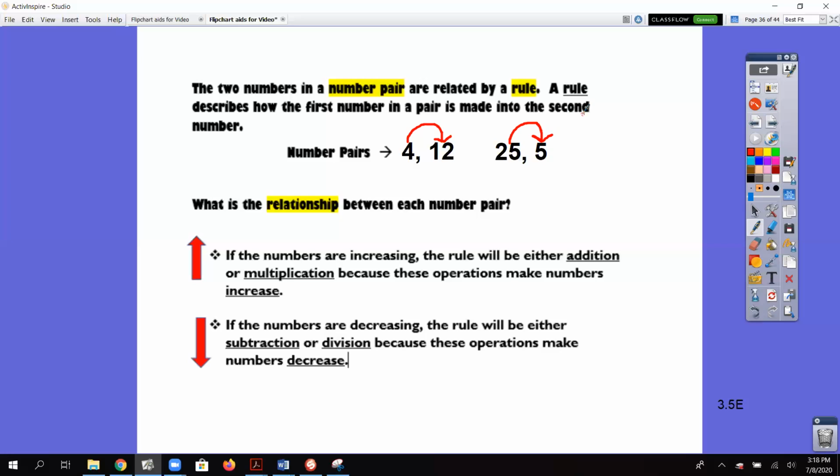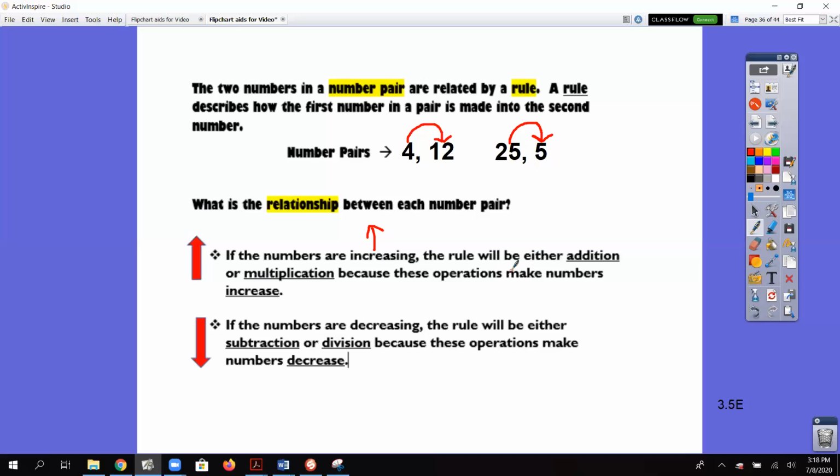That's how we're connected. So if you're looking at number pairs, if the numbers are increasing, which means the numbers are going up, the rule will be either addition or multiplication, because those two operations make your numbers increase.